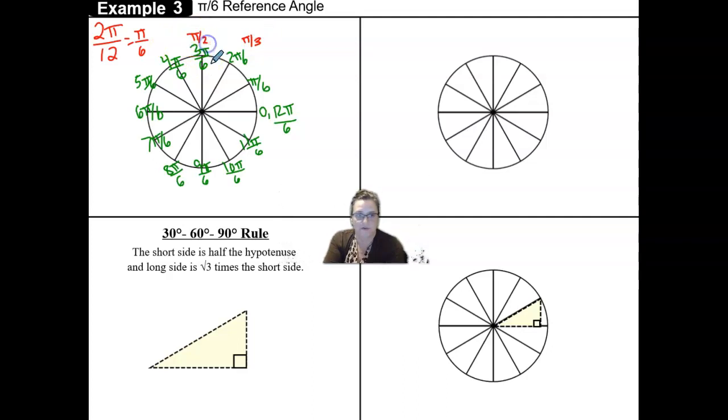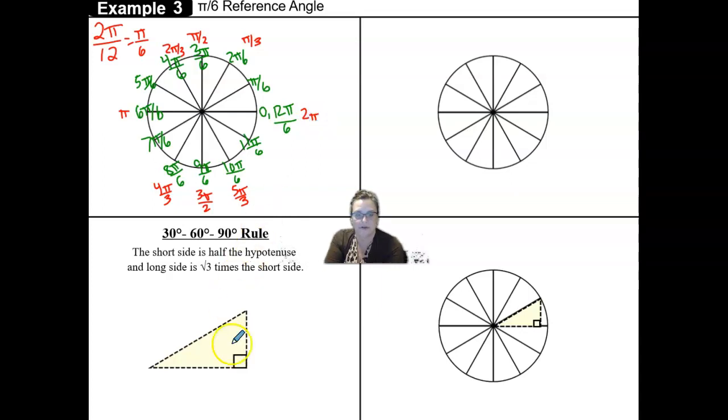That's our quadrantal angle. 4 pi over 6, that one reduced to 2 pi over 3. 6 pi over 6 reduced to pi. 8 pi over 6, that reduces to 4 pi over 3. 9 pi over 6 reduces to 3 pi over 2. That's another quadrantal angle. 10 pi over 6 reduces to 5 pi over 3. And then 12 pi over 6 reduced to 2 pi.